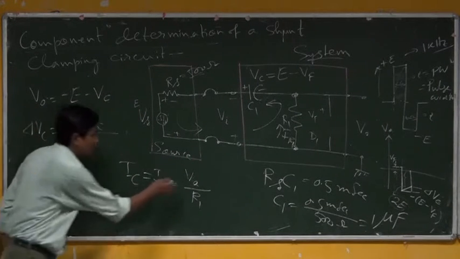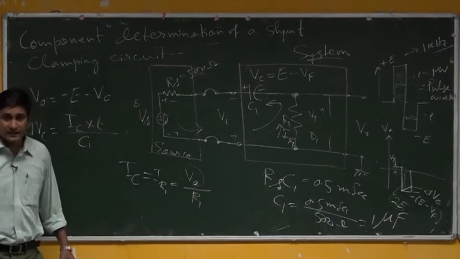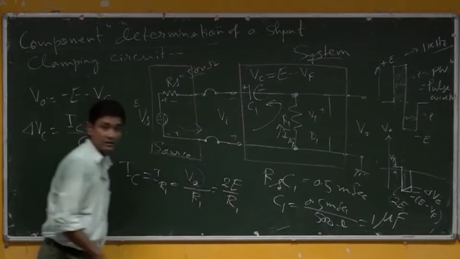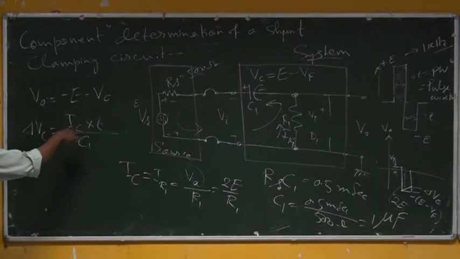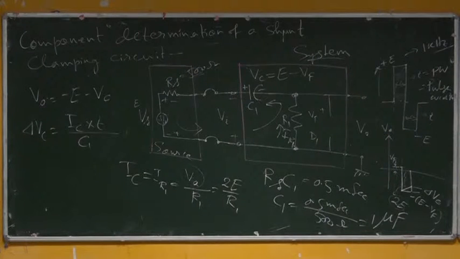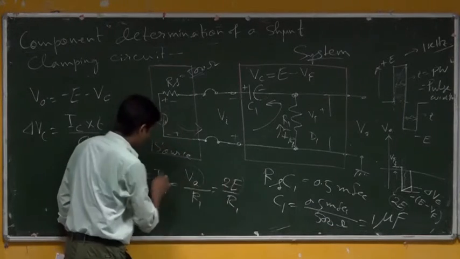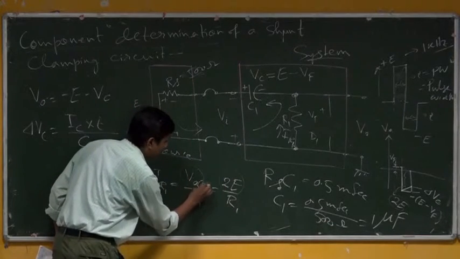Now, what was the V0 peak to peak we considered there? 2E. So finally it became 2E into T by R1 into C1.